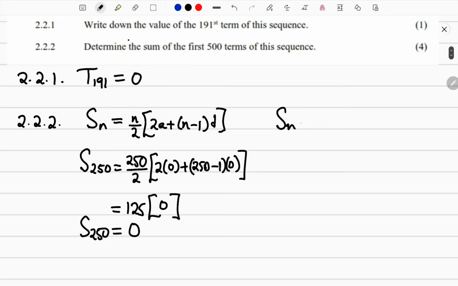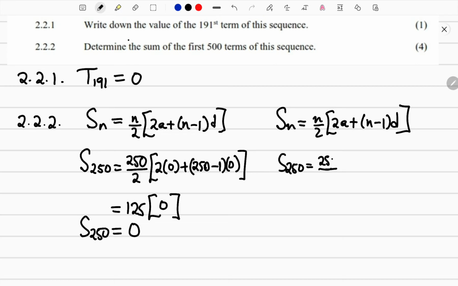What about the other one? n over 2 times 2a plus n minus 1 d. Sum of 250 equals 250 over 2 times 2a. A is what?